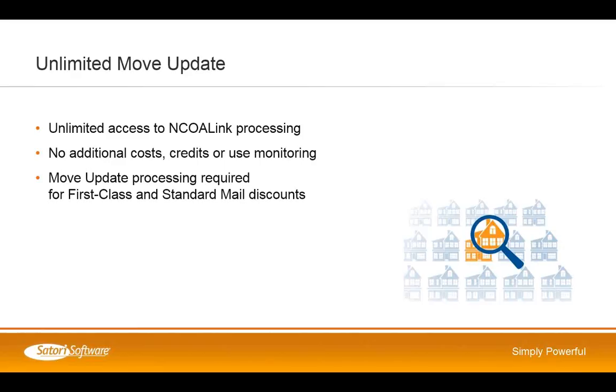With the Unlimited Move Update add-on, you're moving away from the credit-based system of paying for your move updates, and you get an all-you-can-eat license. As many records as you can process, you can use as much as you want, no matter what time of year. You don't have to worry about purchasing additional credits if you run out. All you can eat. That's right.